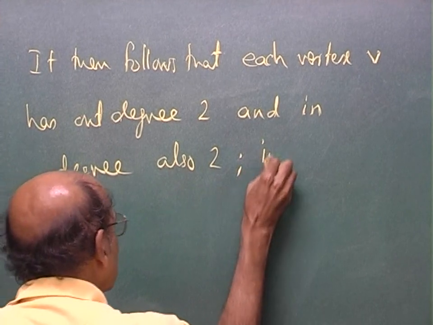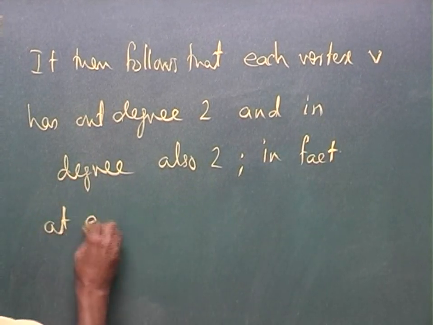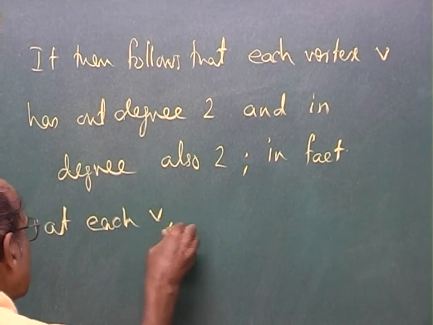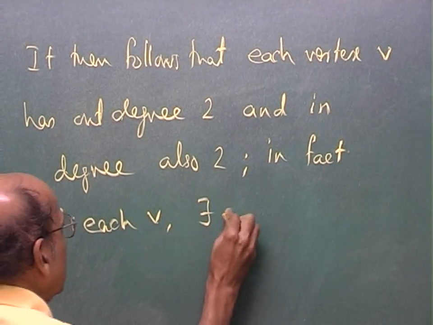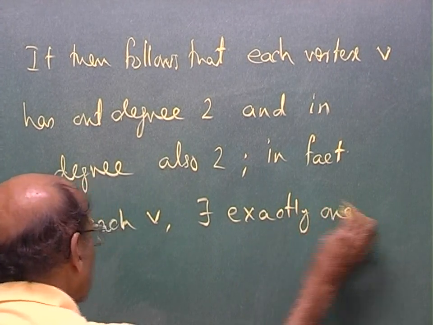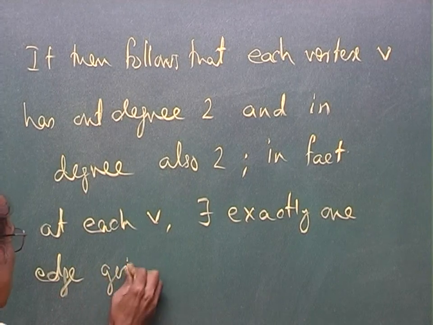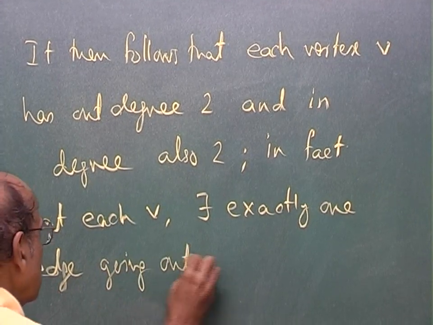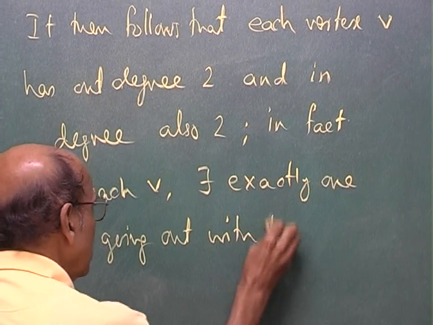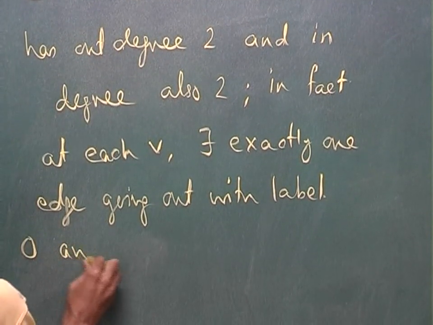In fact, at each V there is exactly one edge going out with label 0 and one with label 1.